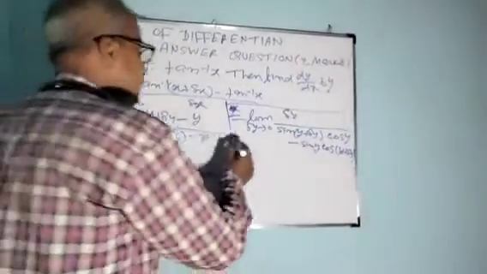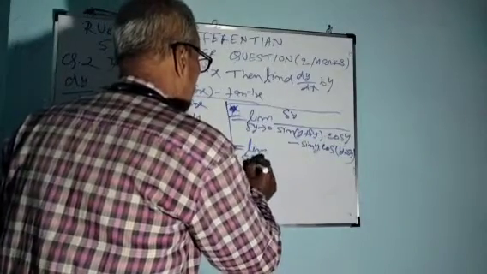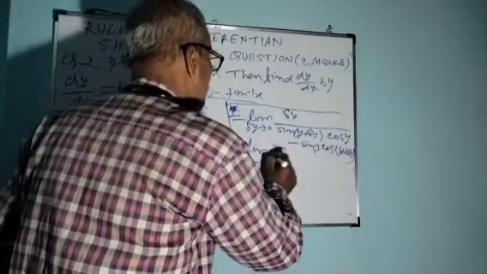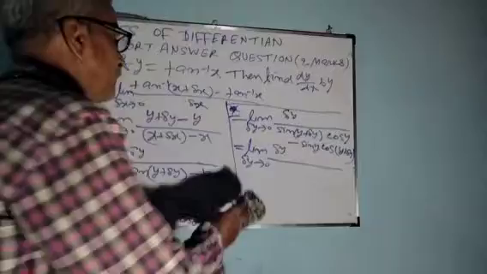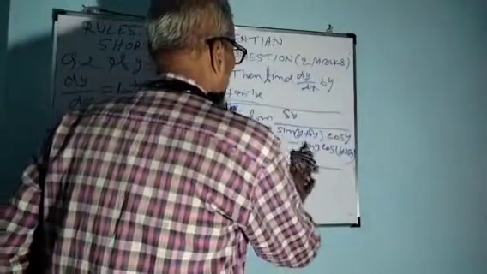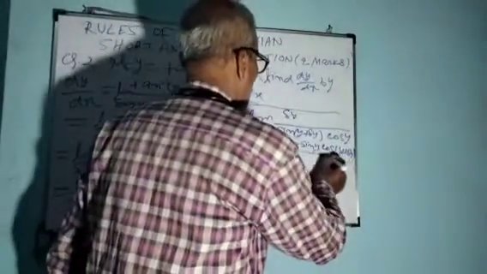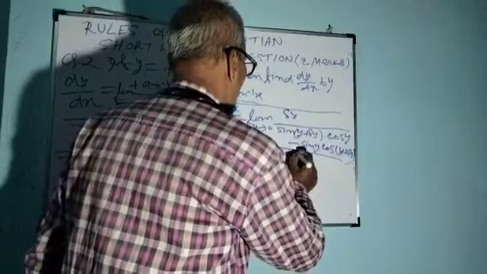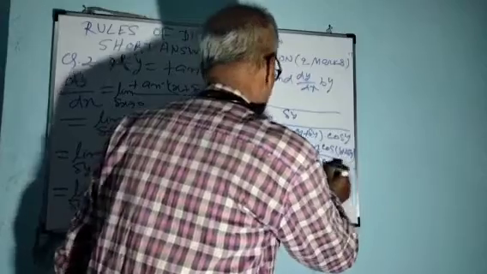This is equal to limit delta y tends to 0 of delta y by cos of y plus delta y into cos y.